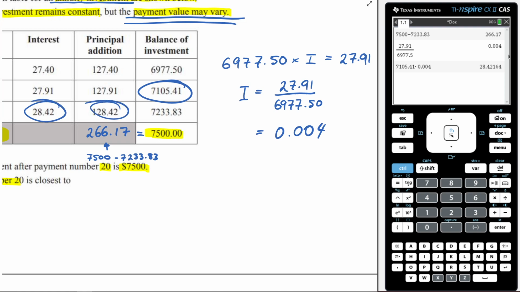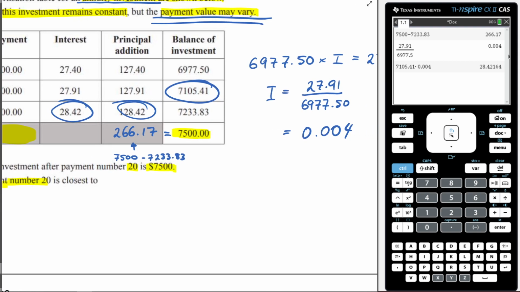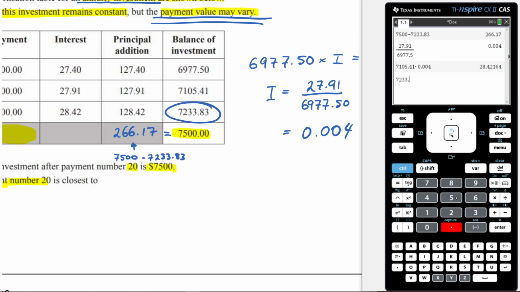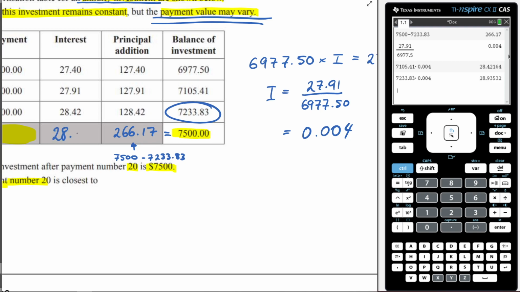This is the interest plus my payment. So it works, we get 28.42. Therefore, I can take this number here, 7233.83, and do the same thing. That's going to give me 28.94 in interest, rounded.